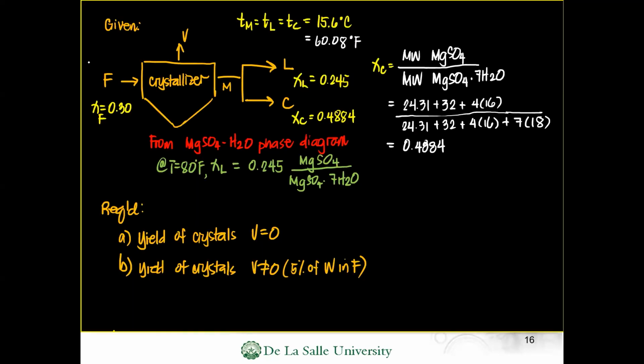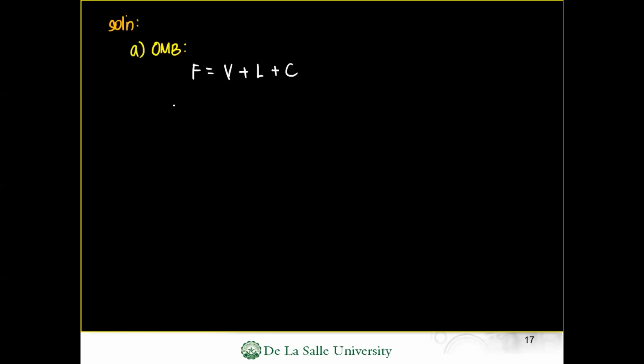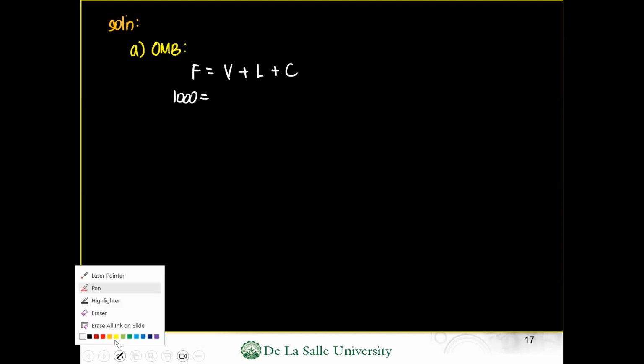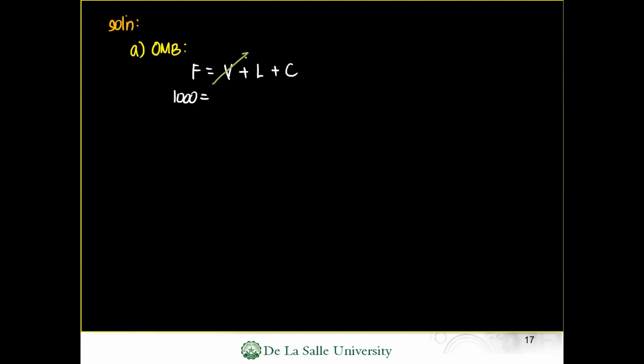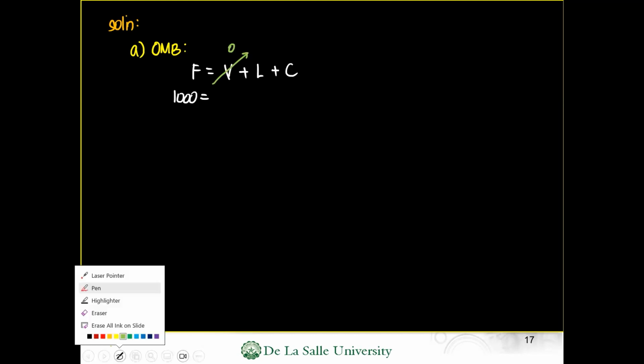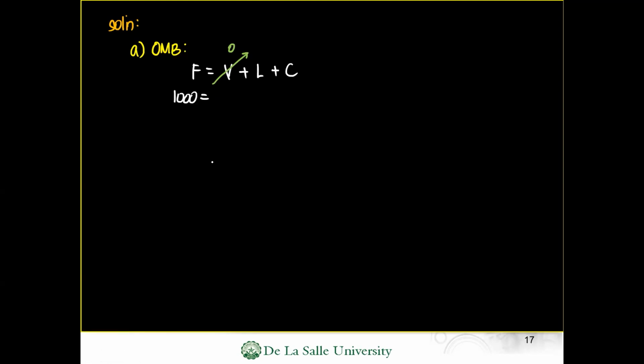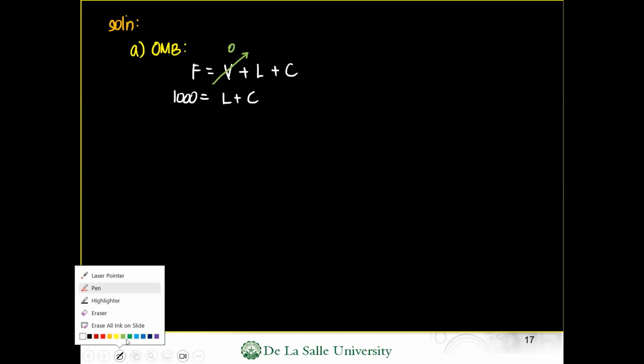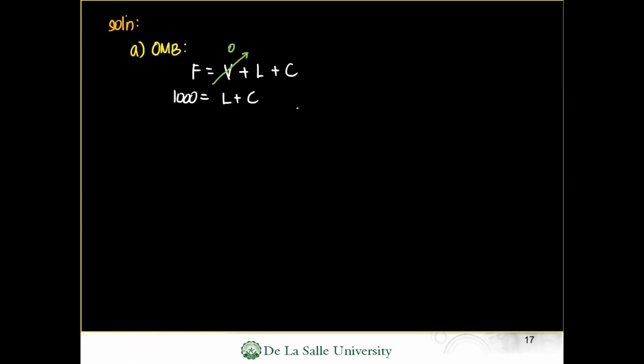So I forgot to place it here. 1,000 kilograms of the feed. So this is 1,000. And then if this is 0, that means the L plus C will be left for me because L and C I was not given anything. So this is your equation number 1.